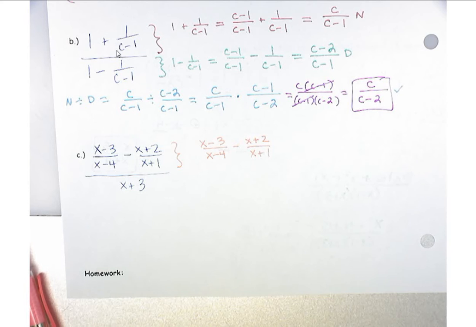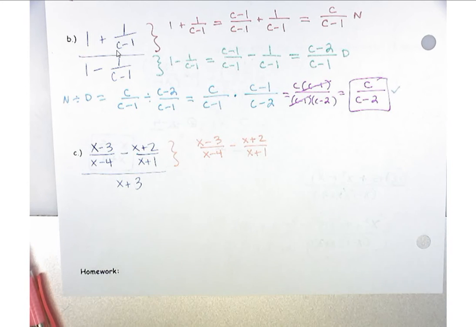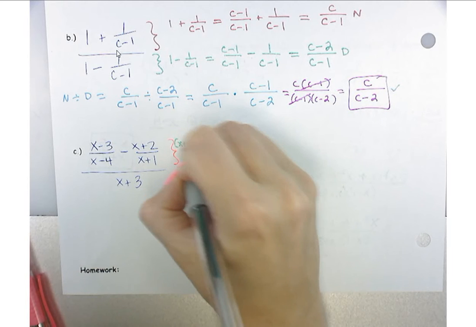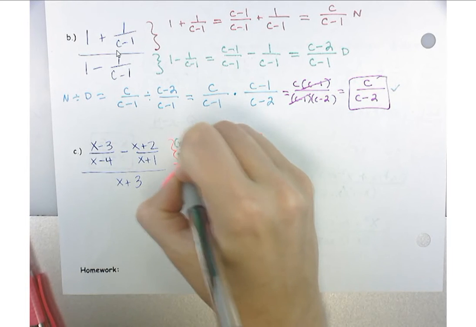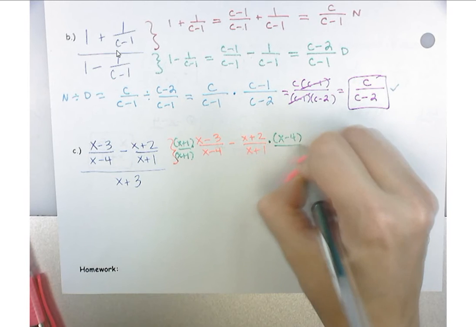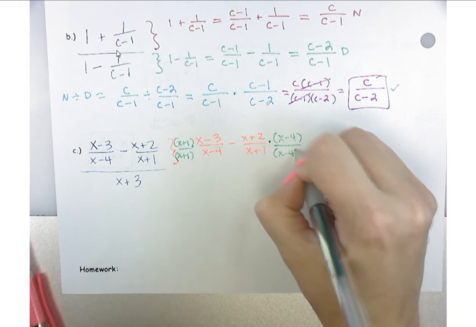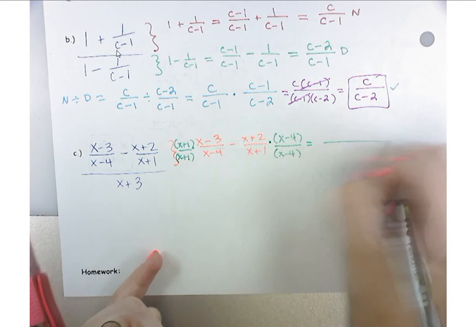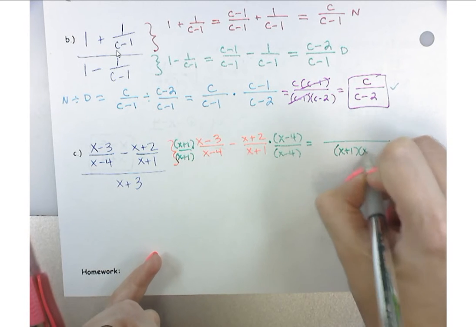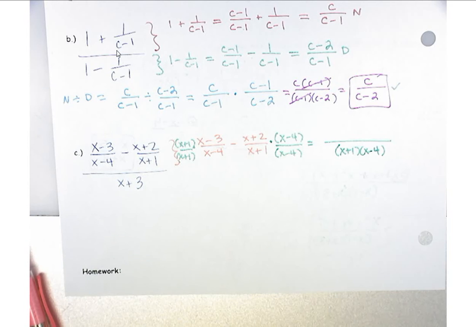So then what we want to do is multiply the first one by x plus 1 over itself. And we're going to multiply the second fraction by x minus 4 over itself. So when we're simplifying, we know the bottom is going to be x plus 1 times x minus 4. But then we have to think about what we need to do for the numerator.